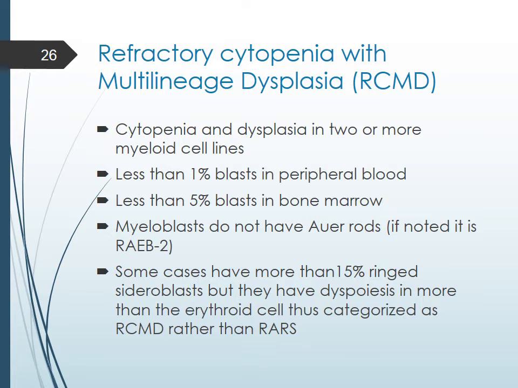In RCMD, you might have more than 15% ringed sideroblasts. Important to remember, dyspoiesis in more than the erythroid line places it in RCMD, again multilineage dysplasia, rather than the RARS, where you have the erythroid precursors that are the ringed sideroblasts and there's a dyserythropoiesis present.